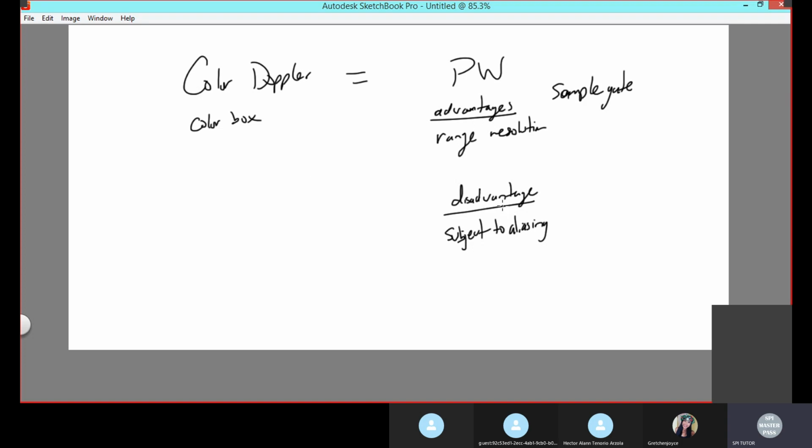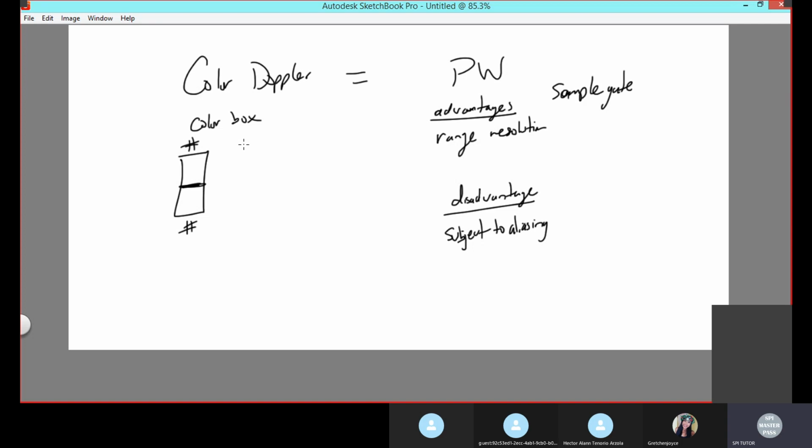And then the disadvantage is that it's subject to aliasing. All right, and it's because the color Doppler has a velocity map, and that velocity map has numbers on either end. Those are your limits. And if there's a limit, then maybe you can go over that limit, and that would be aliasing. So just because it has a limit, that's the reason why.